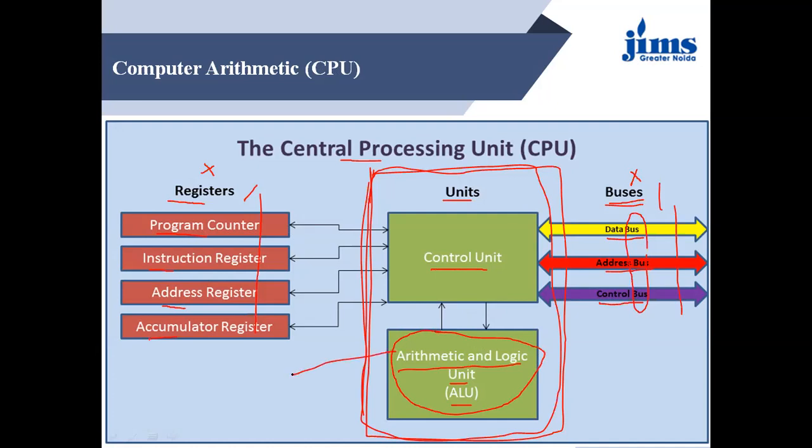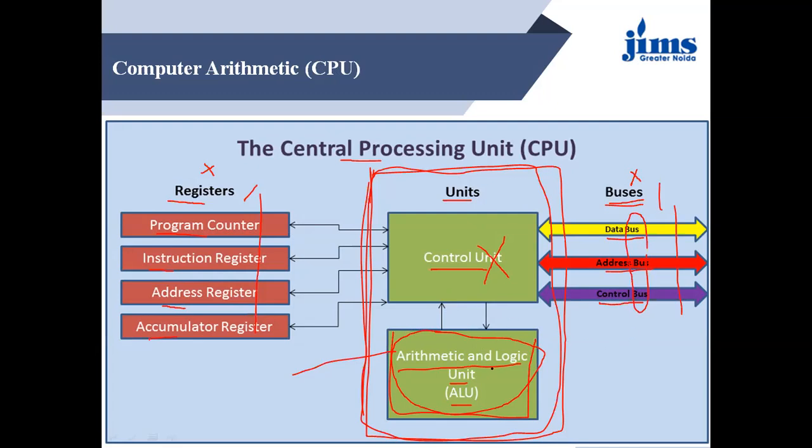Arithmetic operations like add, multiply, subtract, and logic operations are or, and, shift, etc. So this ALU is used to perform arithmetic and logic operations. Here in Unit 3, we are not concerned with control unit. We have to emphasize the arithmetic and logic unit because our motto is to discuss computer arithmetic.